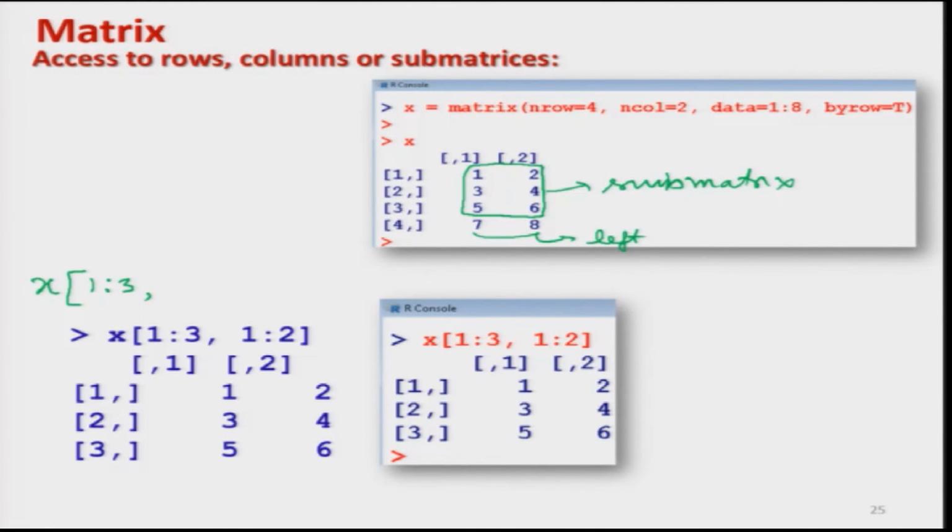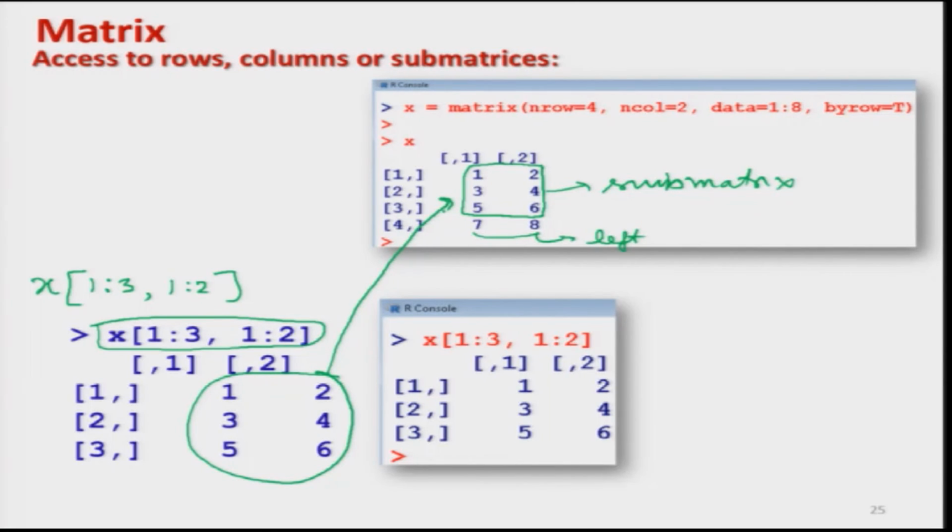I am trying to choose here 2 columns, first column and second column. So, I am trying to use here 1 colon 2, and this is my address, and as soon as I write this down and enter on the console, I will get here the same matrix. So, this you can compare, this is the same matrix and this is the screenshot.